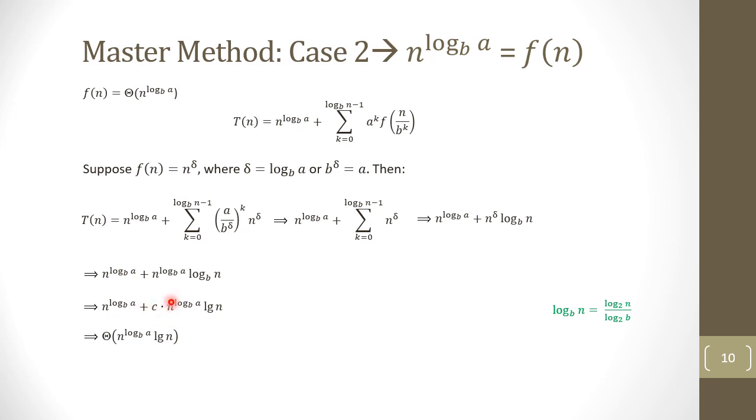Here the c represents some constant when the base of the log is changed. We have proved case 2, that if f of n is theta of n to the power of log base b of a, then T of n is equal to theta of n to the power of log base b of a log n.